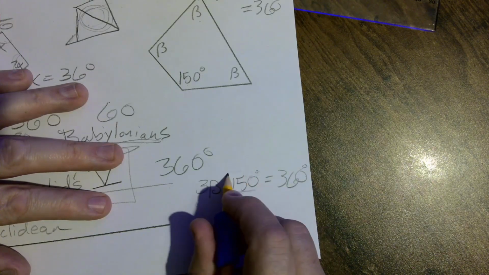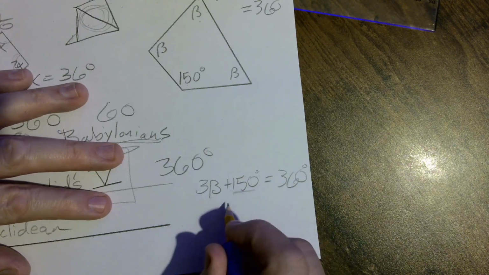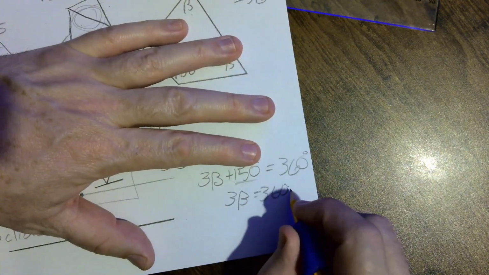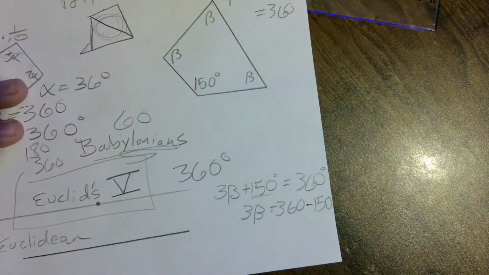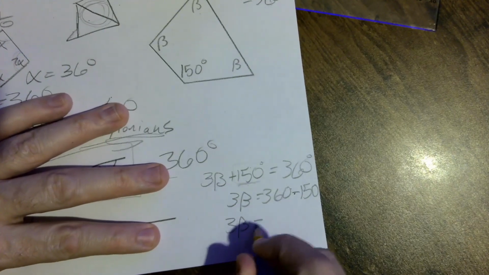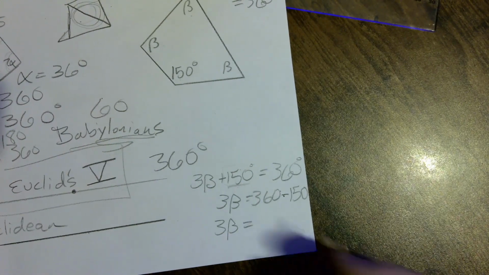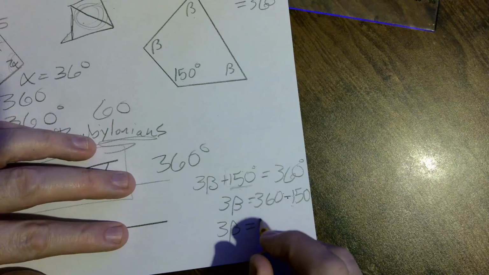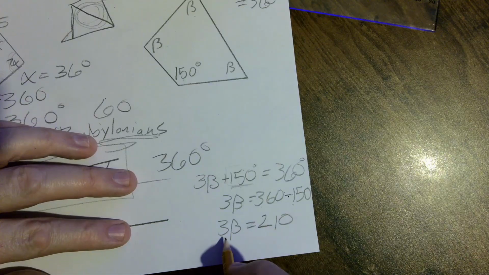Adding the opposite makes it 0, so 3 beta plus 0 is just 3 beta. Over here, I do the same thing to this side, adding the opposite of 150, which is negative 150. So 3 beta is what? 360 plus negative 150. Is that 210? So from here, I have 3 beta.